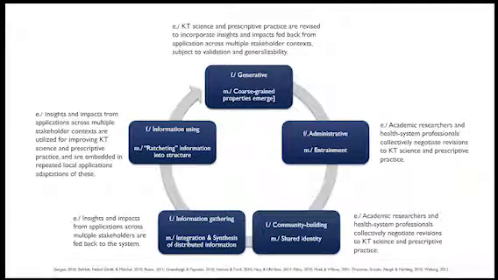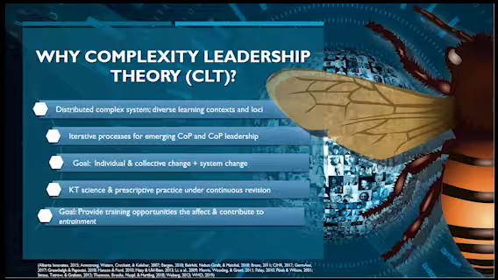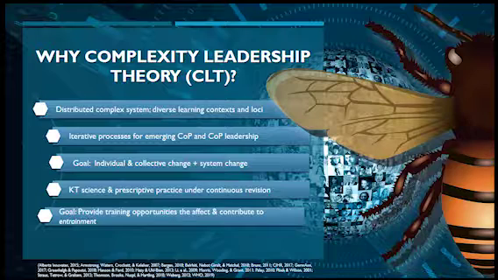So in a nutshell, my specific reasons for selecting complexity leadership as the leadership approach for this KT Alberta Community of Practice initiative include the distributed nature of the complex system involved, encompassing diverse learning contexts and loci, the iterative processes through which communities of practice coalesce and through which community of practice leadership emerges, the project goals of affecting both individual local site change as well as systemic level change, the project goal of affecting entrainment through a confluence of KT science and prescriptive practice that is under continuous revision across diverse stakeholder contexts.